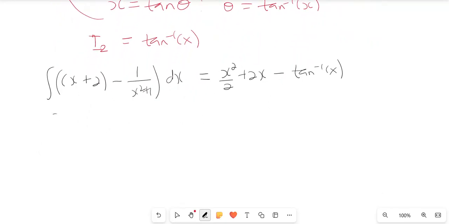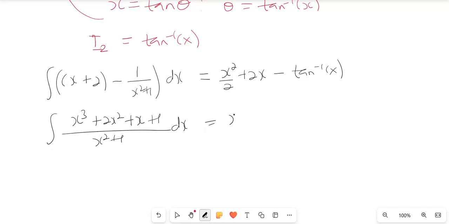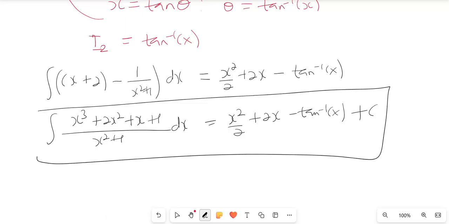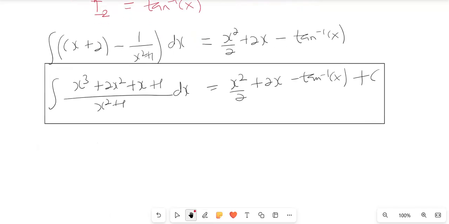This is equal to our original integral, x cubed plus 2x squared plus x plus 1 all over x squared plus 1 dx. This should be equal to x squared over 2 plus 2x minus tan inverse of x plus the constant of integration.